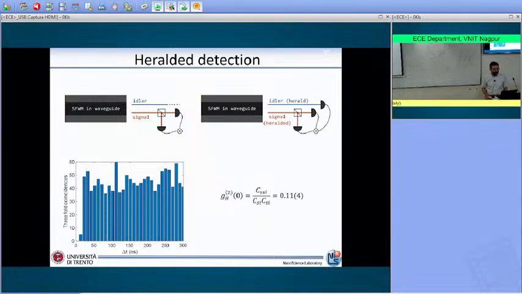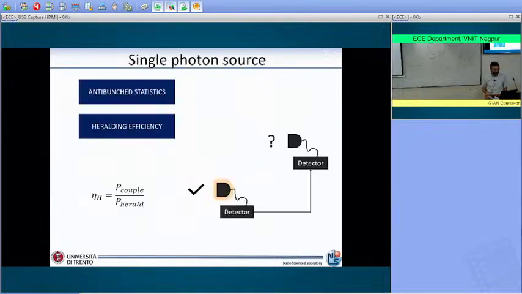Okay, so one characteristic that describes the properties of this source is the heralding efficiency, meaning the efficiency of having a heralded photon with respect to the probability of having a pair of photons. That efficiency is essentially limited by the resolution and the sensitivity of the detector.